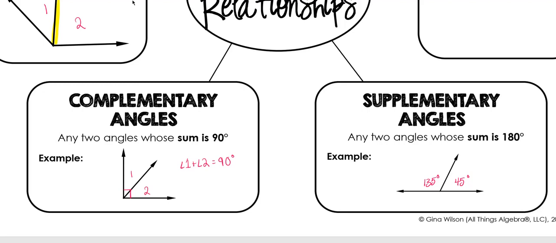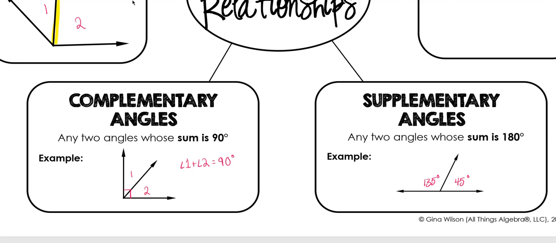Now how I remember the difference between complementary and supplementary. Supplementary is a little bit harder to necessarily remember. So to me, the easiest way to remember the difference is to remember what complementary angles are. Because then you know that one is 90, you know that one is 180. So if I know which one is 90, I'm able to figure out the other one is 180.